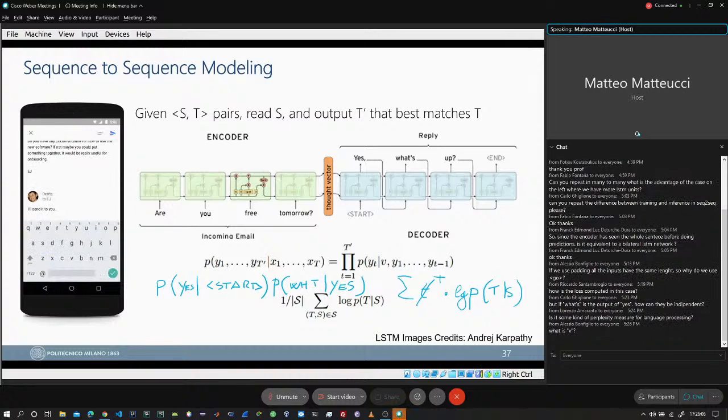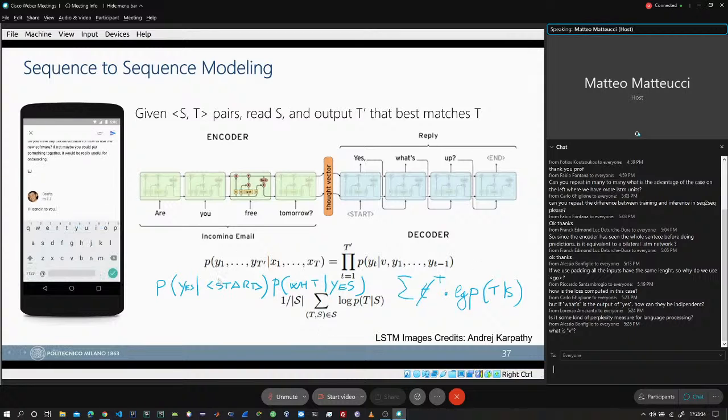Is it some kind of perplexity measure for the language processing? Yes, it is kind of correct. What is V? I don't see V. Can you clarify what you mean?